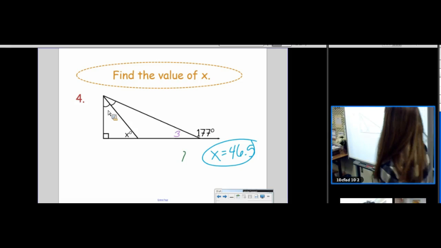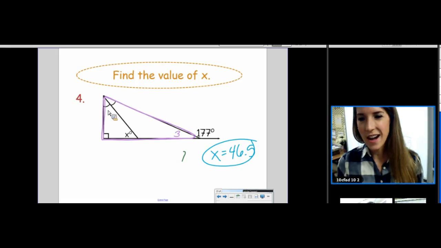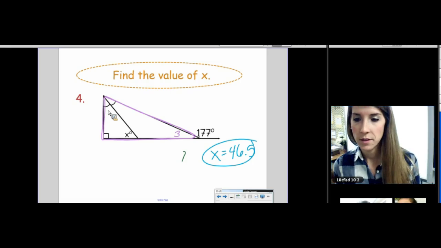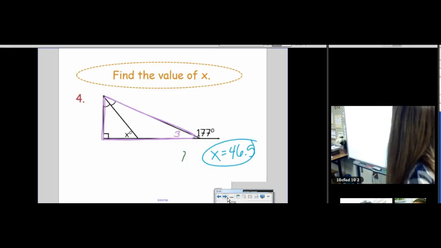And then you could have just used this triangle, and you kind of would have had to do the same thing. You find the missing angle, and then you have to divide it by 2. So you could do 180 minus 93, and then divide it by 2, in order to bisect it.